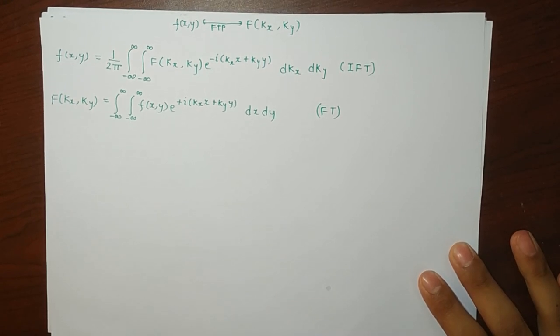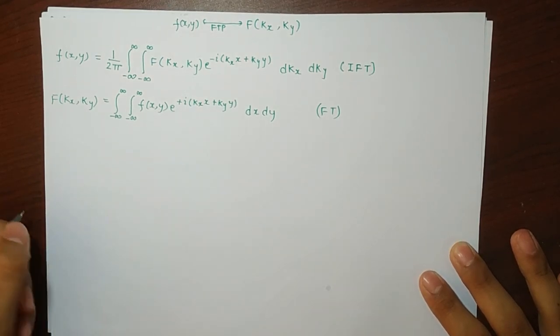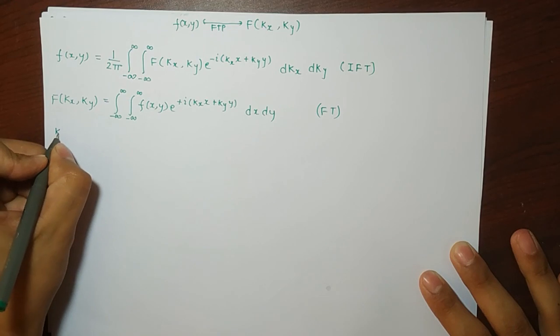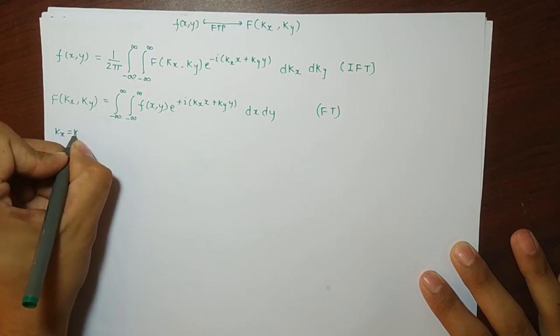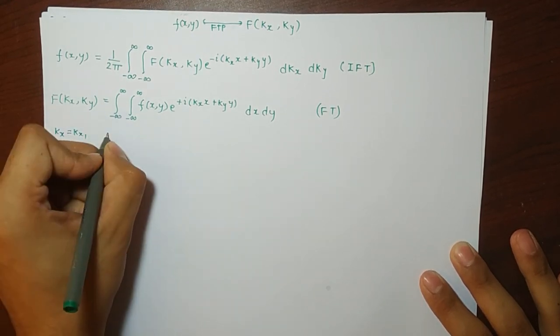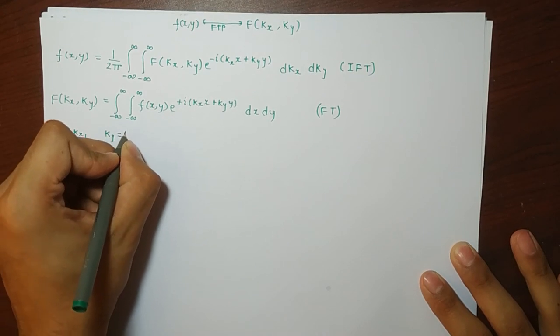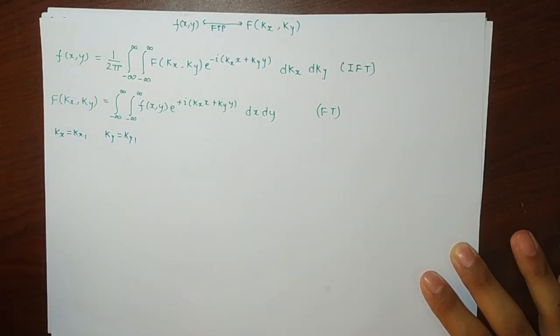Similar thing we would be doing here. So let me assume the value of kx as kx1 and ky as ky1.